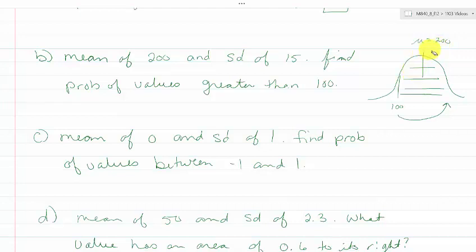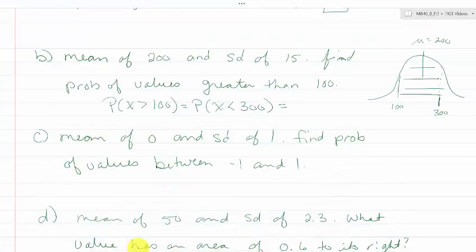And 100 is 100 units from 200, right? So it's 100 units to the left of 200. And so we need to move that over here. And when you move that over here, that value is 300. So 100 units then to the right. And so then we would do less than 300. So probability that x is greater than 100 is equal to the probability that x is less than 300.